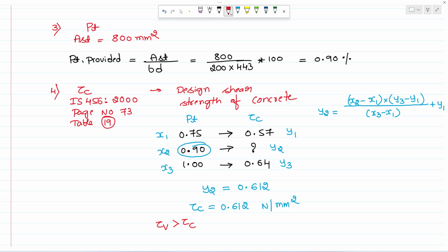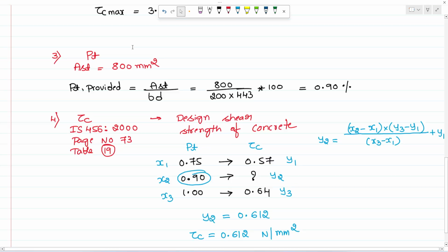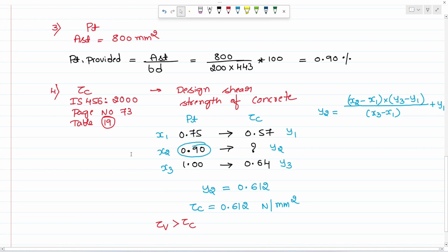Clear? So tau v value is 1.35, which is greater than tau c, 0.612.